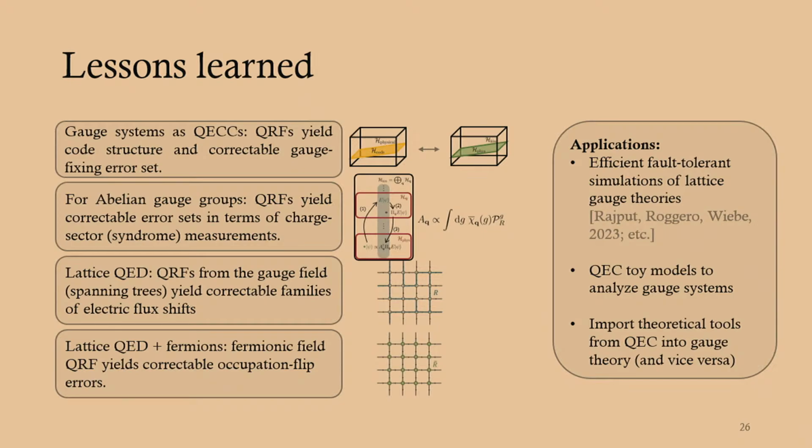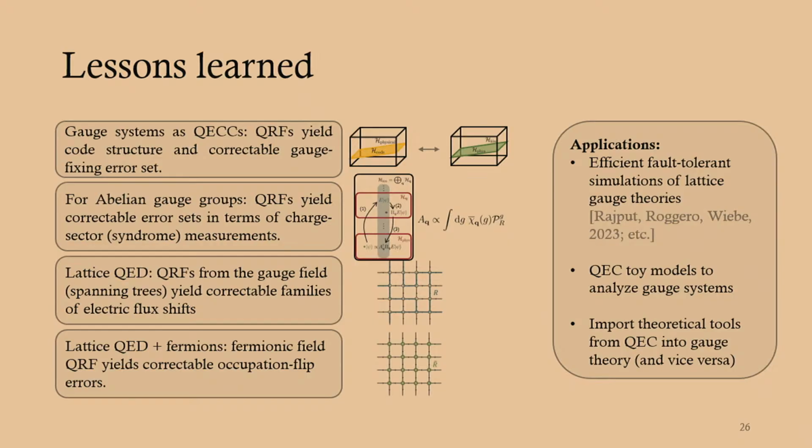And another application, which might be interesting, is we can use quantum error correction toy models, which exhibit certain properties, for gauge systems to analyze these gauge systems. Toy models have already been shown to be useful in other topics like holographic codes.